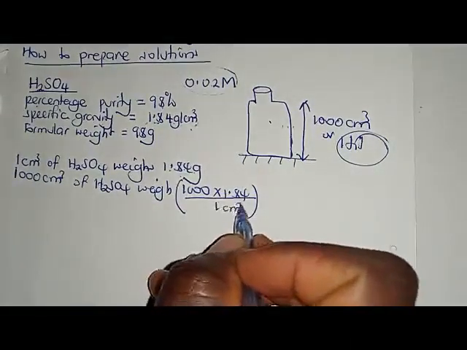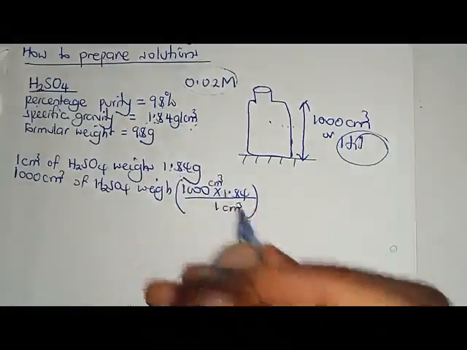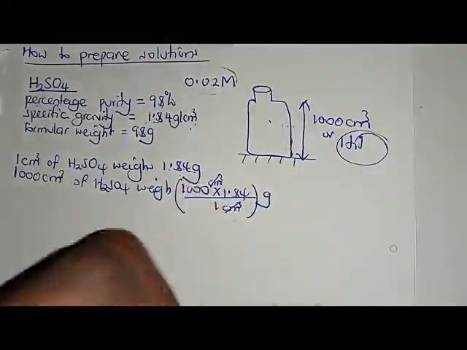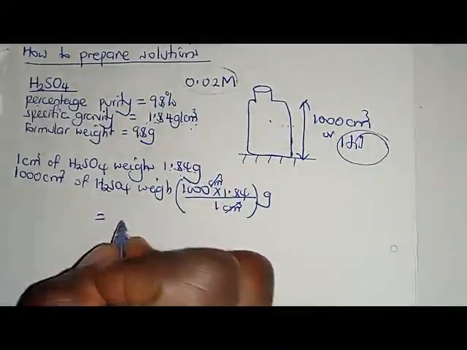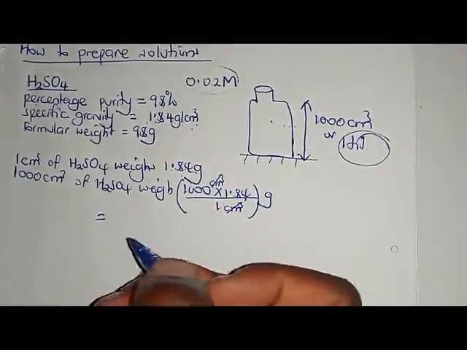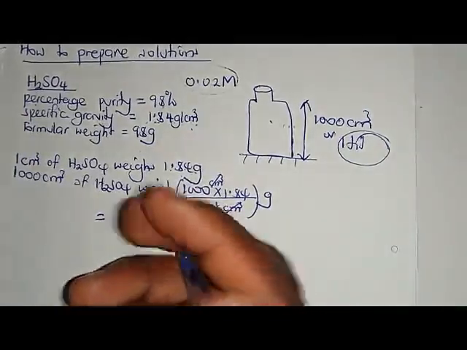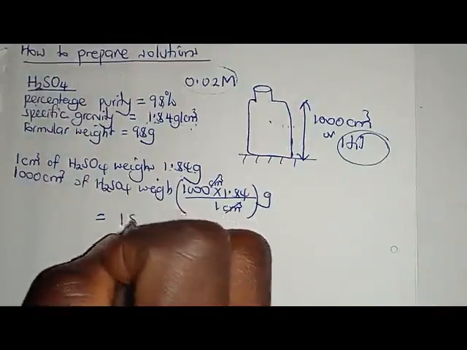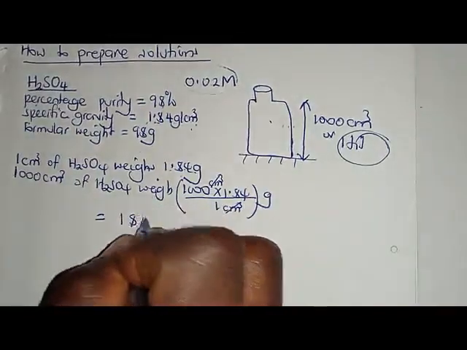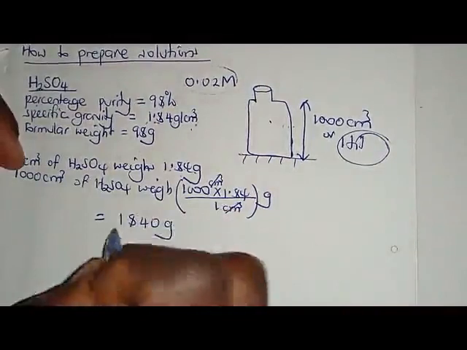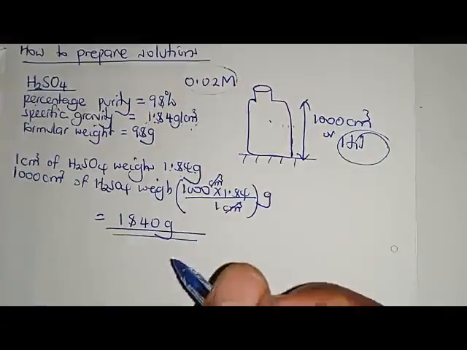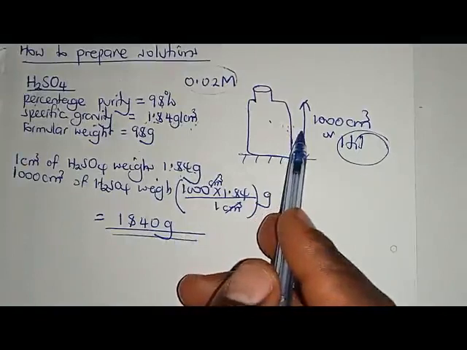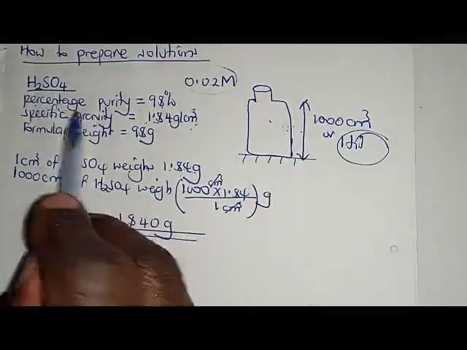This is 1 cubic centimeter, this is also cubic centimeters, so this and this are going to cross out, so we shall remain with only grams. When you press the calculator, we are getting 1840 grams.